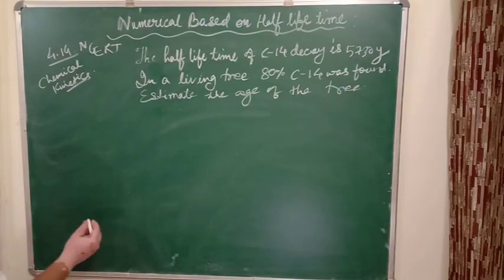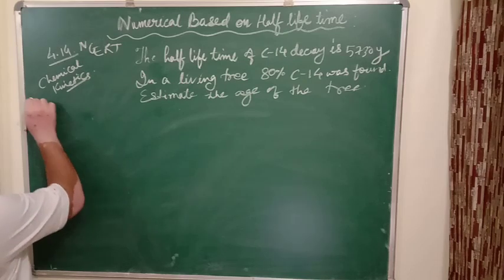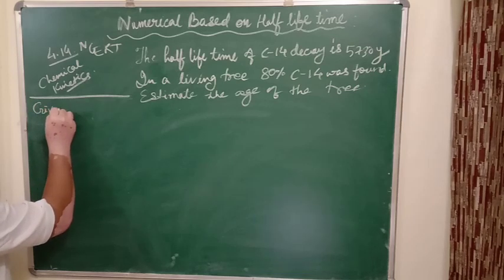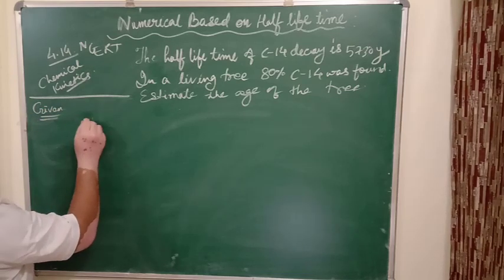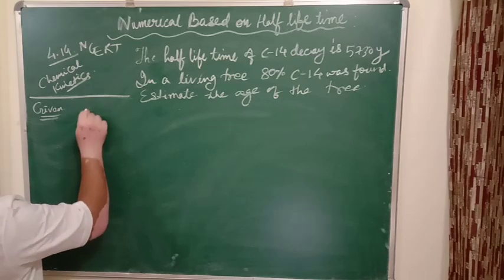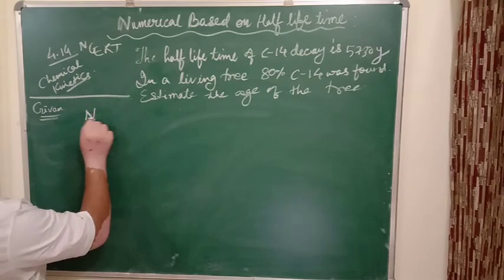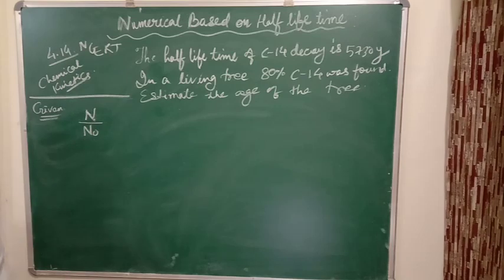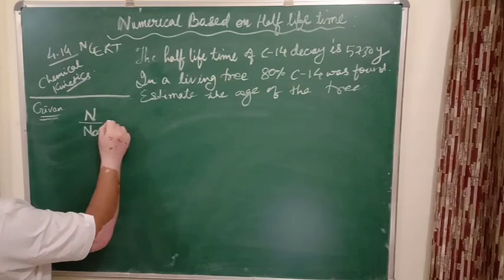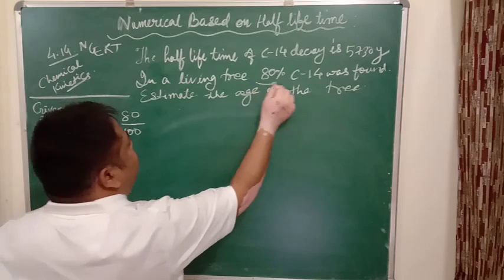So we have been given the fraction or percentage of the sample, where this is initial concentration and this is final concentration, which is equal to 80 by 100. How? Because 80% of the sample was left.